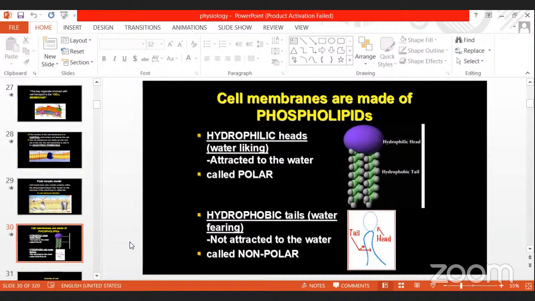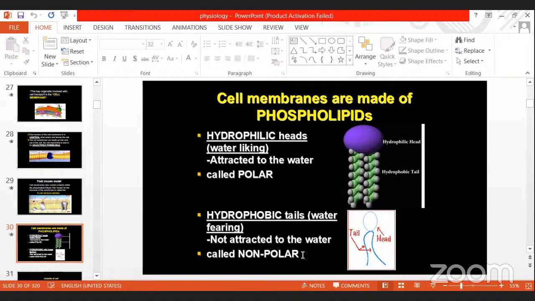So coming to the phospholipid in the cell membrane, the phospholipid has a head end and a tail end. The head end is known as the hydrophilic head. Philic means loving, so a water-loving head and a water-hating tail. The hydrophilic heads are attracted to water and are polar.